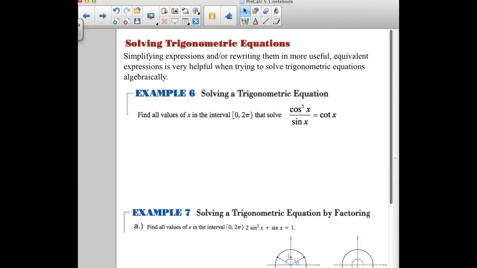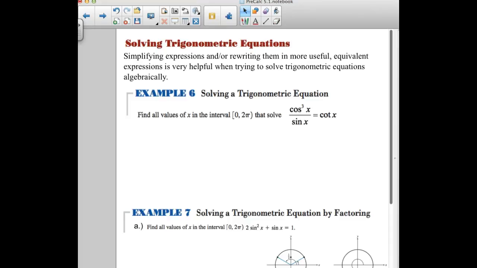Okay, our second example for today deals with solving trig equations. Simplifying the expression and rewriting it as a more useful equivalent expression is very helpful when trying to solve trig equations algebraically.